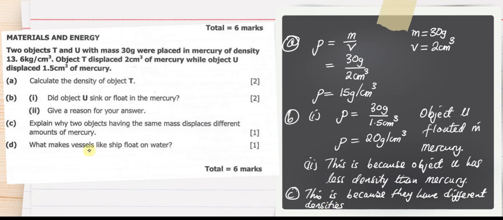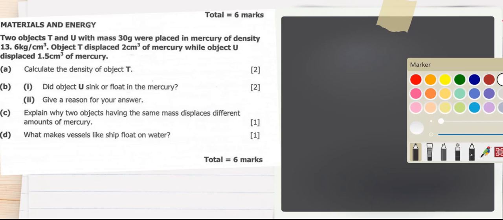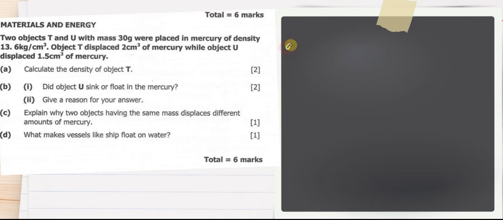Then the last part, we are on D. D says what makes vessels like ships float.